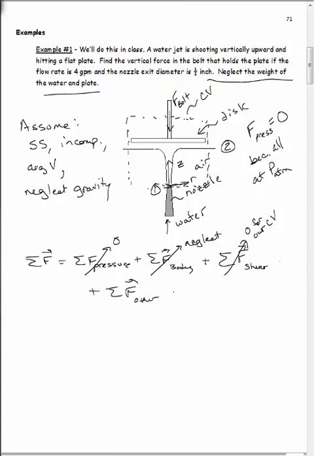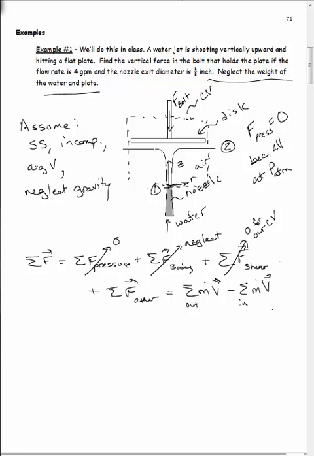And that is going to equal the sum at the outlets of m dot v, minus the sum at the inlets of m dot v. So what we end up with is our force other, which is our bolt force, equals the sum of m dot times v out minus v in.